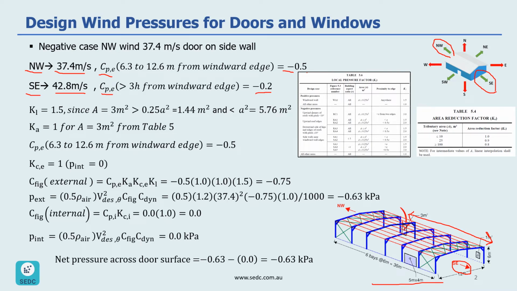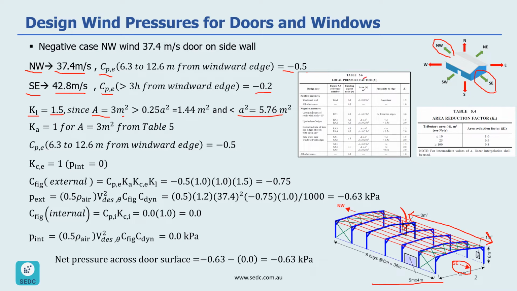Now let's look at other parameters that we need to calculate wind pressure. So KL in this case is going to be 1.5, and the reason for that is that the area of the door is 3 square meter, which is larger than 0.25 a to the power of 2, but is less than a to the power of 2.